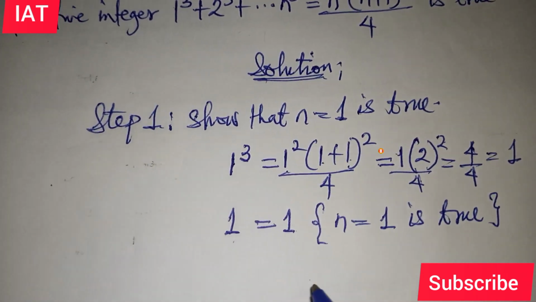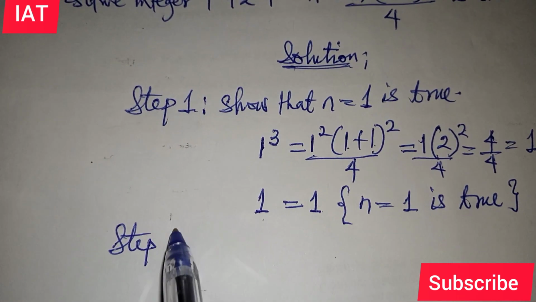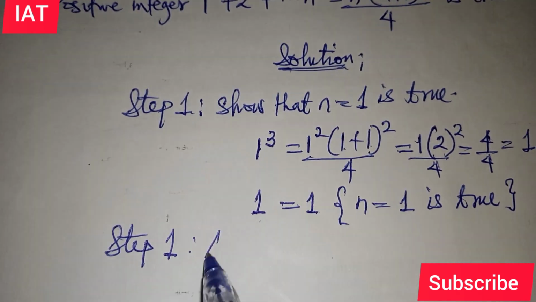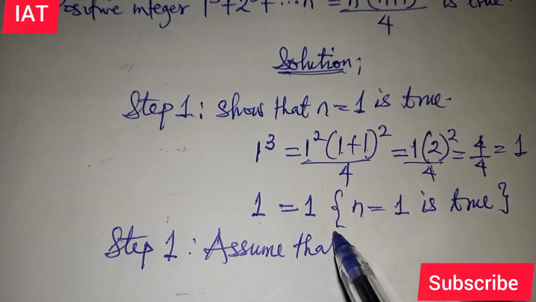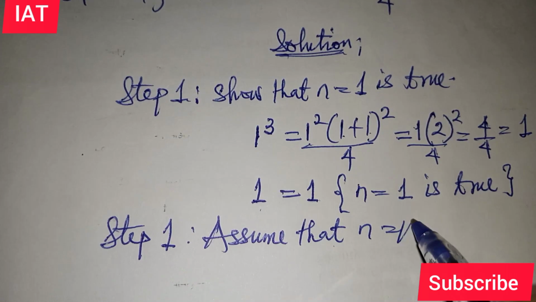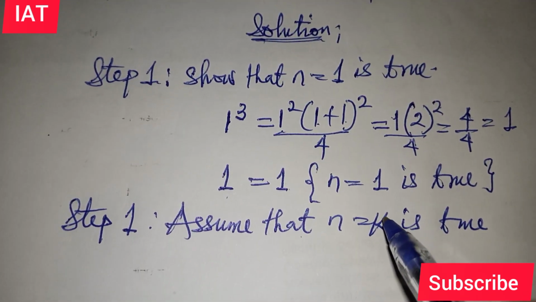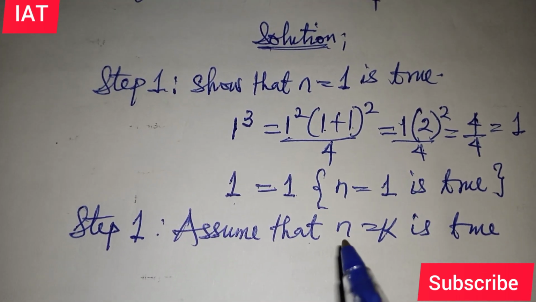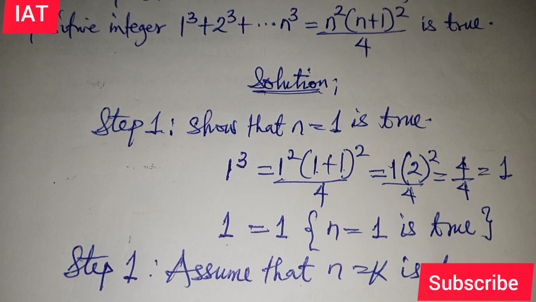Alright. The next step is about assumption. We need to assume that n equal to k is true. In doing this, we plug in the value of k in replacement of n in the original equation.